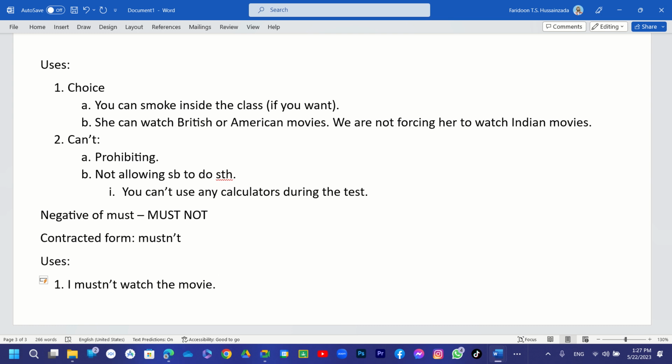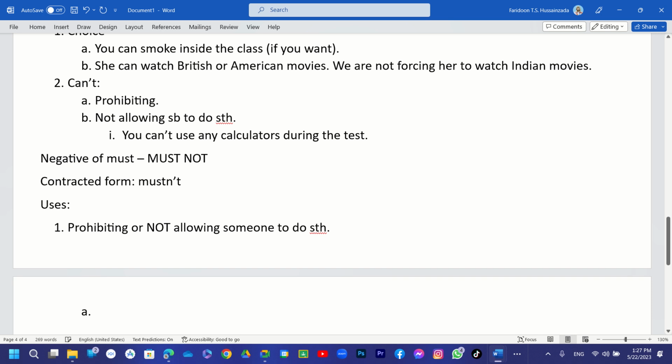Thank you guys. So mustn't, the negative, must not, I mean. Mustn't is actually kind of another alternative that you have for using the negative of can, like can, prohibiting something, or not allowing someone to do something.